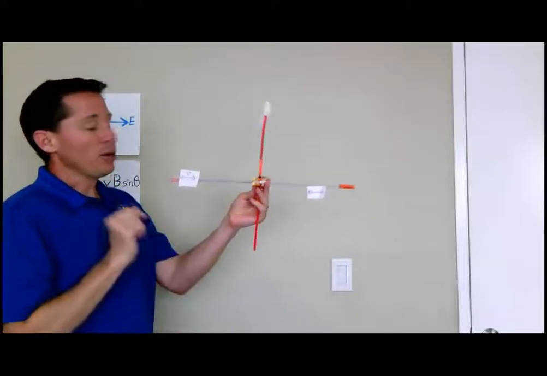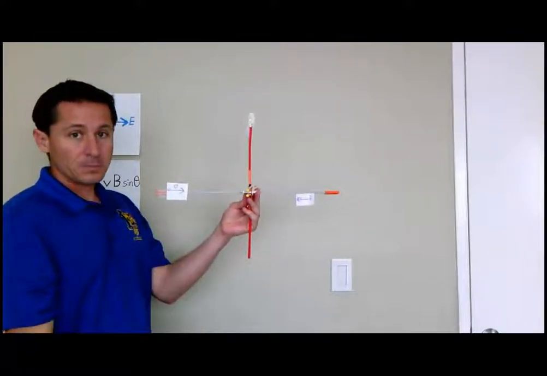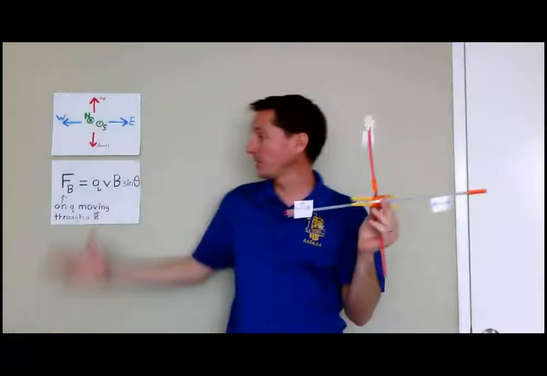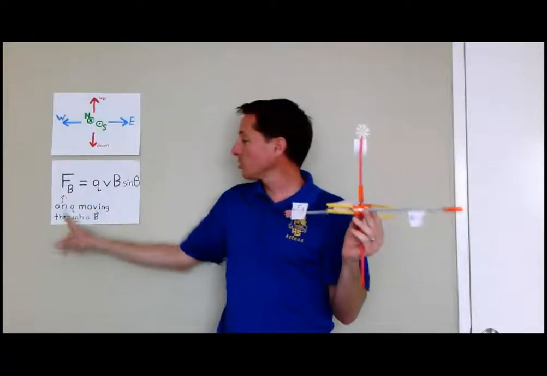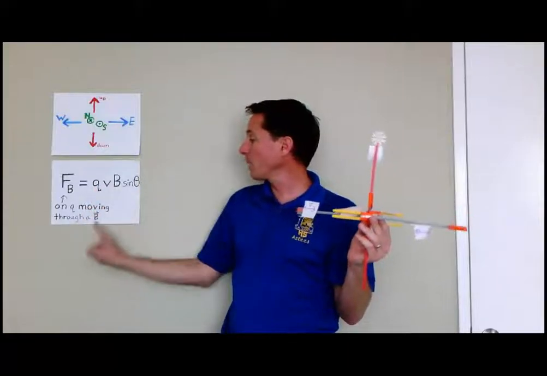So if you have a charged particle that is moving through a magnetic field, there is or can be a force on that charged particle according to this equation. The force on the charged particle. So this is the force on Q, the charged particle. It has to be moving through a magnetic field.